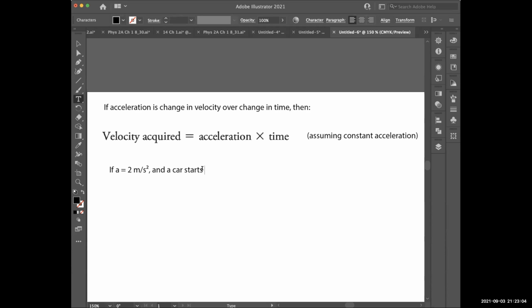Okay, so the object starts from rest, which just means velocity starts at 0 meters per second.